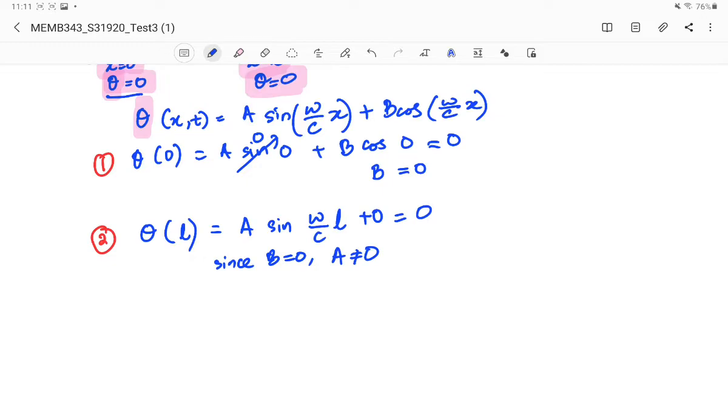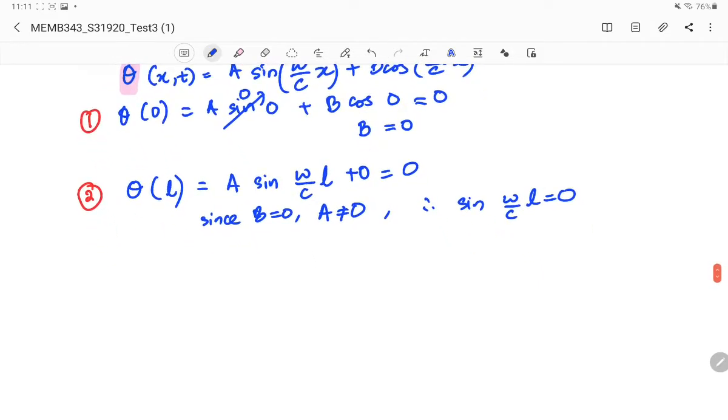So a cannot be equal to 0, so what is 0 is basically sine of omega L over c, which is equal to 0. Looking at this expression, omega L over c is equal to sine inverse of 0, which is equal to a multiple of pi.